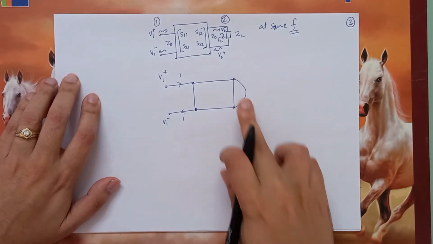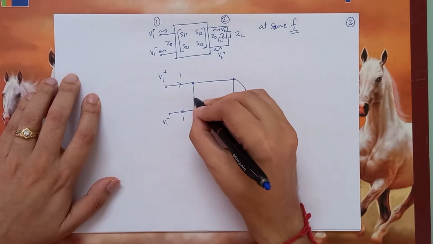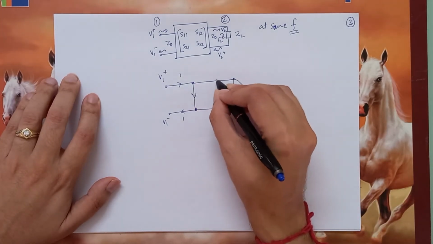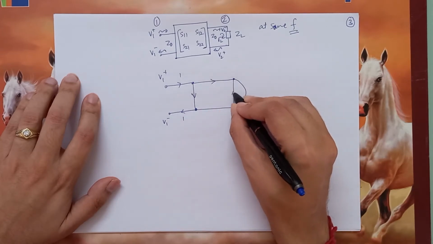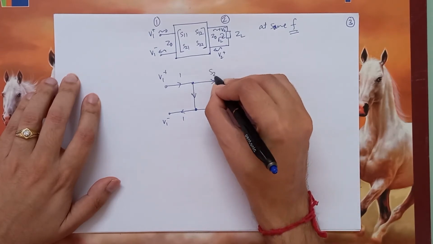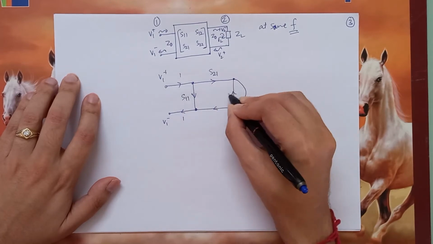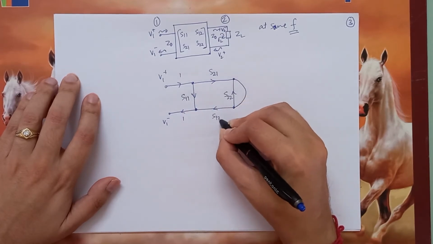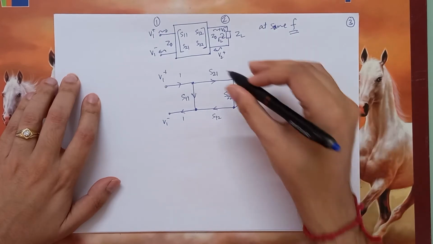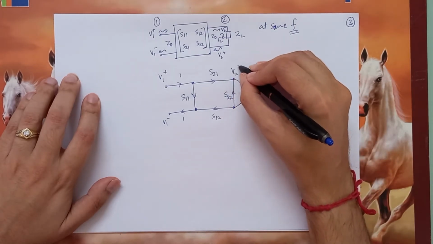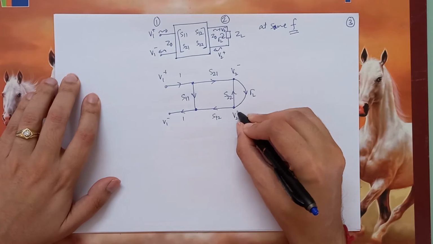Just like last time, we are going to define the load in this way. S21, S11, S22 and S12. This will be gamma L. And this is V2 minus and this is V2 plus.